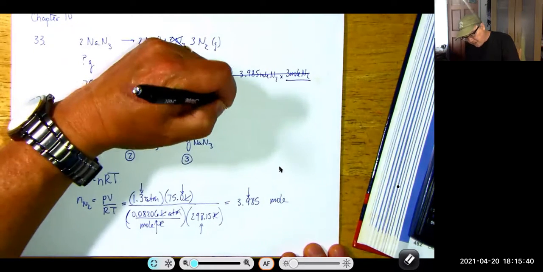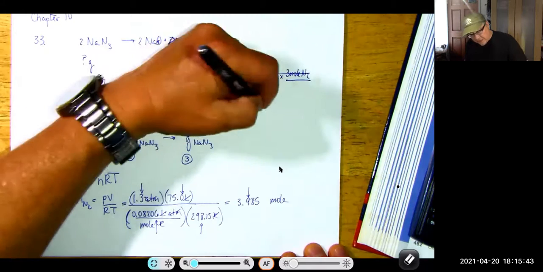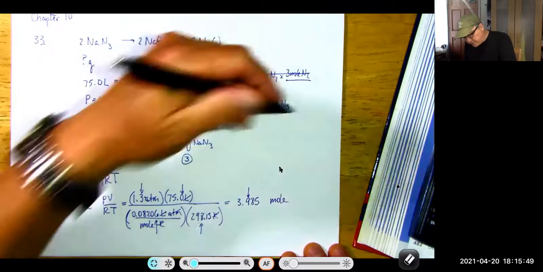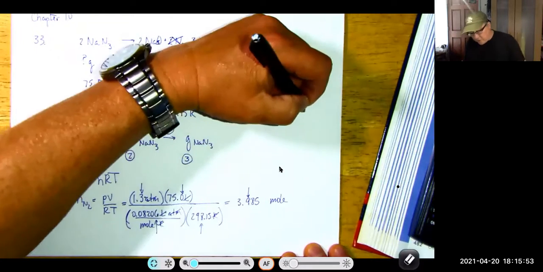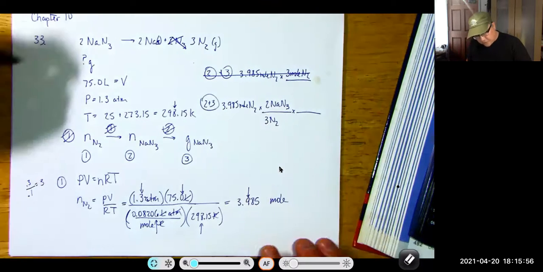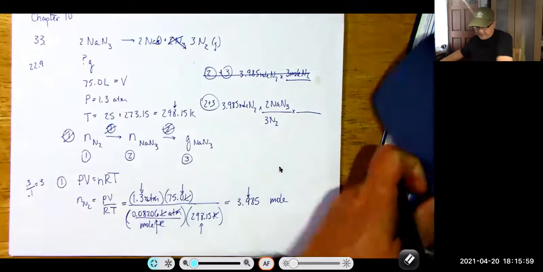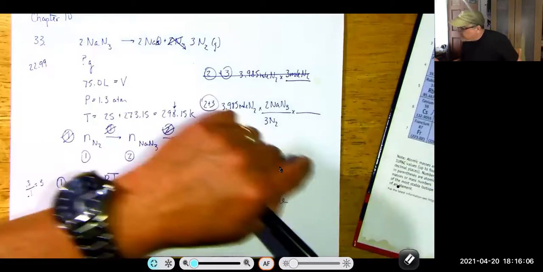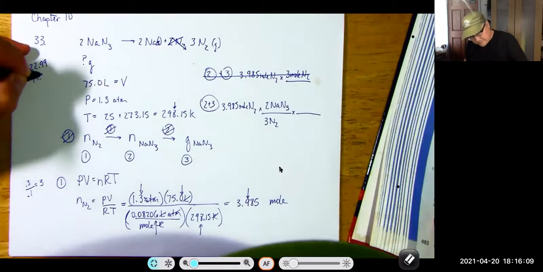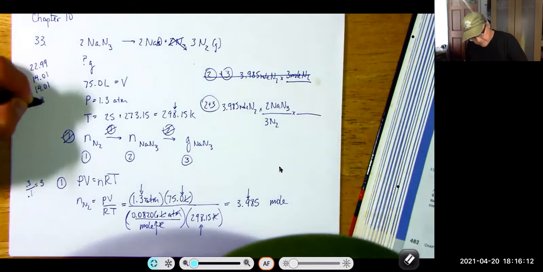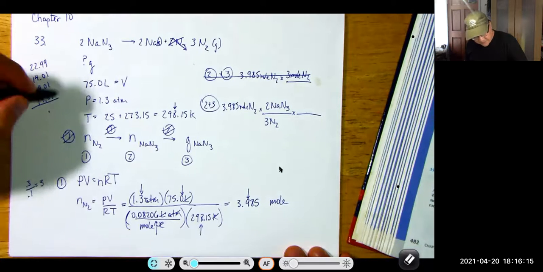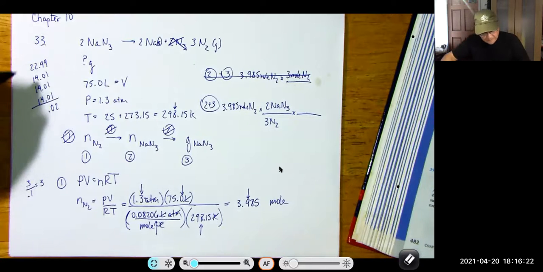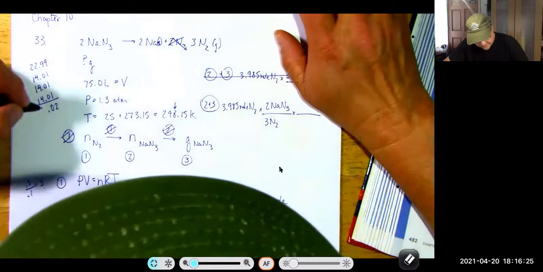So 3.985 moles of N2 times 2 moles of sodium azide over 3 moles of N2, and then times the molar mass of sodium azide, which is going to be 22.99 plus nitrogen is 14.01. 14 times 3 is what? 42. 42 plus 23 is 65.